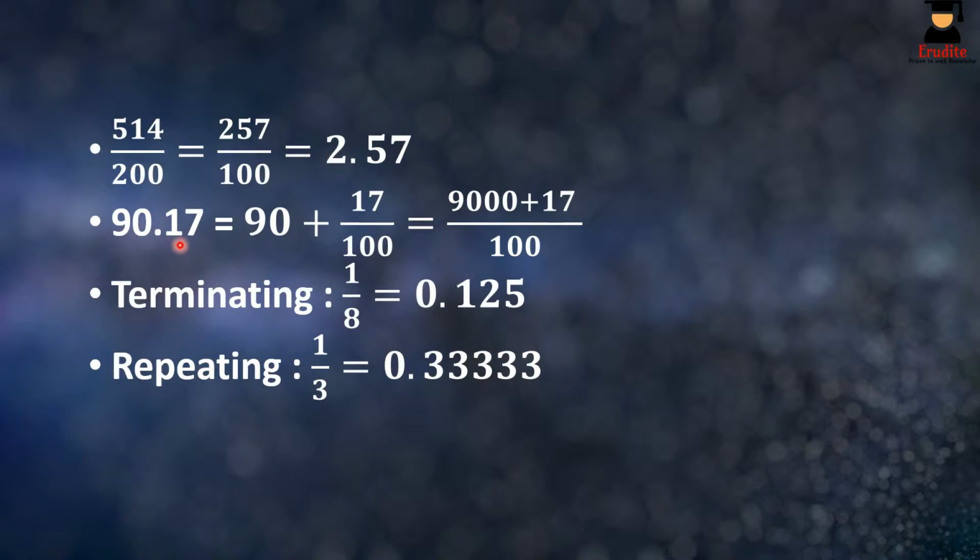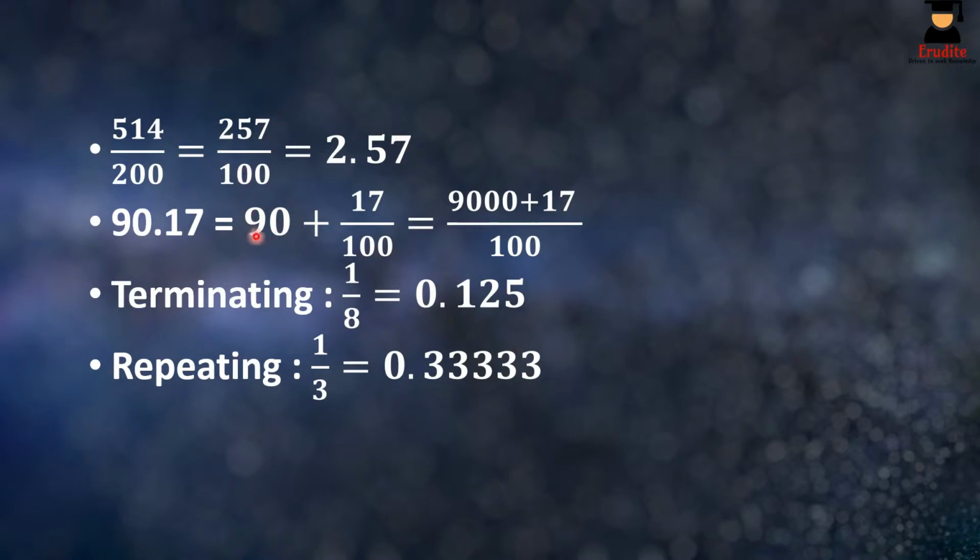Suppose I have a decimal number, I have to convert it into a fraction. How will I do that? So the number of zeros of the denominator of the decimal number will be equal to the number of places after the decimal point. For example, I have taken a number 90.17 over here. When you talk about this number, 90 is a whole value and 17 is my fraction. So in my fraction part, I'll have 17 by 100 and 90 will remain as it is.